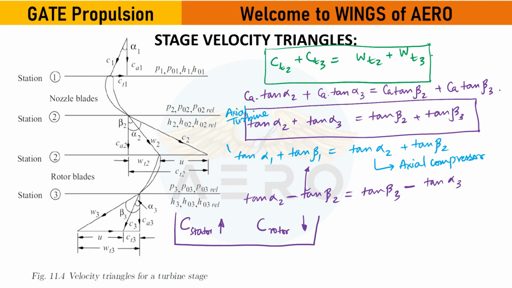This is one more important point, because here beta 2 is less than alpha 2, and beta 3 is greater than alpha 3. Could you follow? Yes, ma'am.